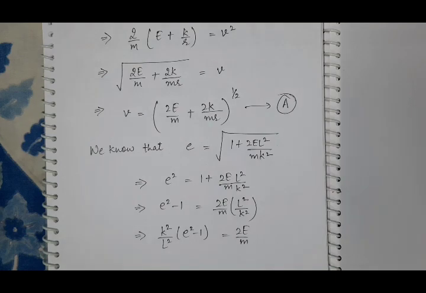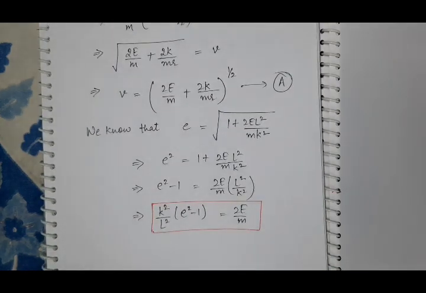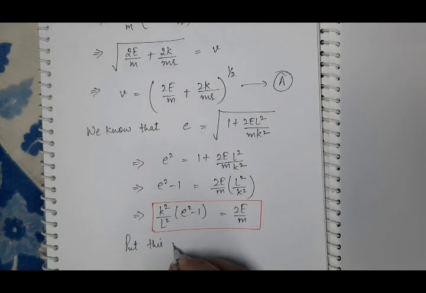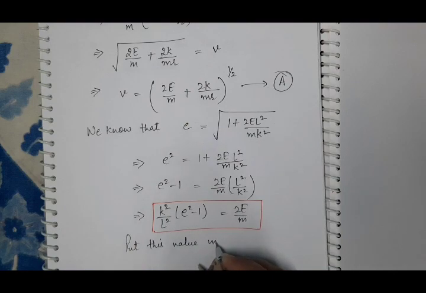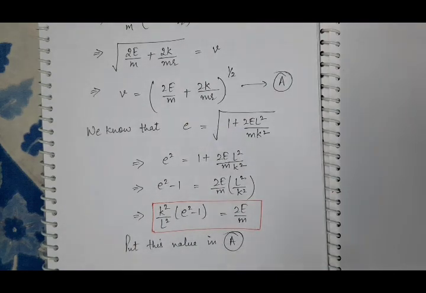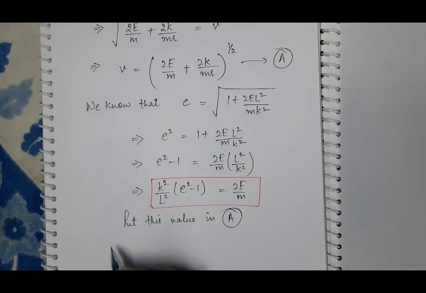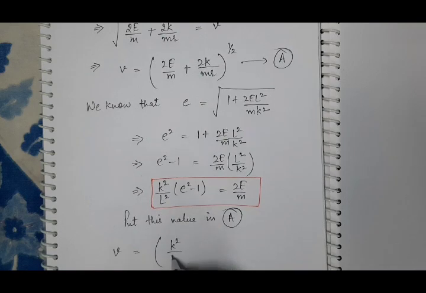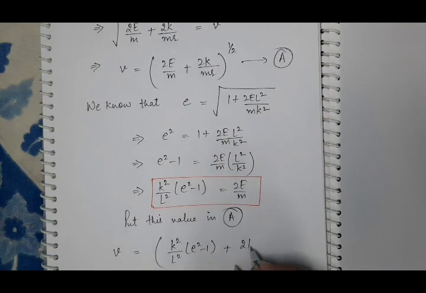Now put this value in equation A here, and you will get the final expression of V which you have to prove. So we have the square root of k square by L square into E square minus 1 plus 2k by mr.